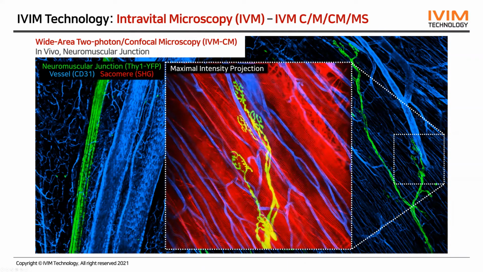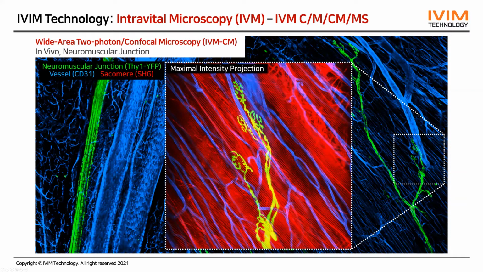In these images, we labeled the blood vessels as well, again in vivo, by using anti-CD31 antibody conjugated with a fluorophore. In this example, we injected the CD31 antibody conjugated to the fluorophore intravenously, one or two hours before the imaging.